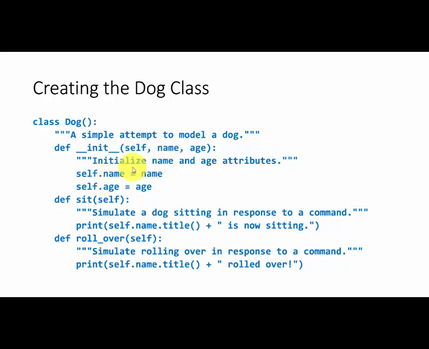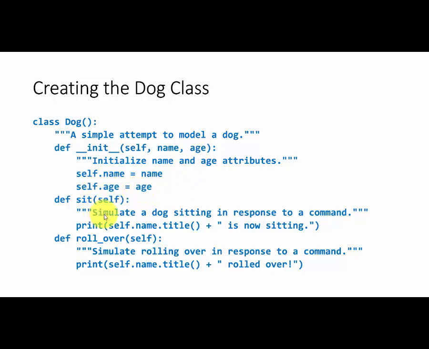So self dot name, self dot age. Once you define self in this init method, you can refer to this self parameter anywhere inside your class, in any method. Self dot name will associate the value of name to this variable, and the value I am passing for age will be associated with this variable using self dot age.